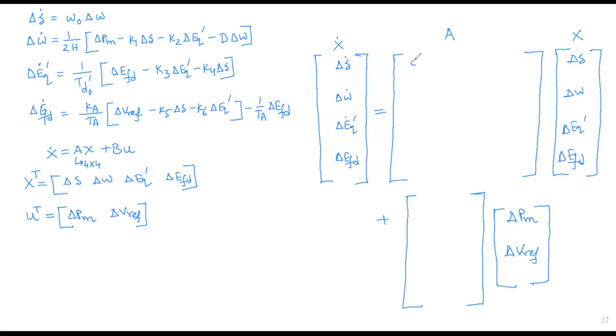So delta dot is simply omega 0 for del omega, and 0 and 0, there is nothing else.